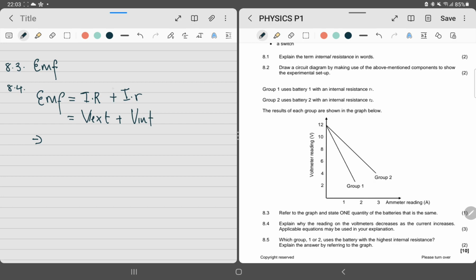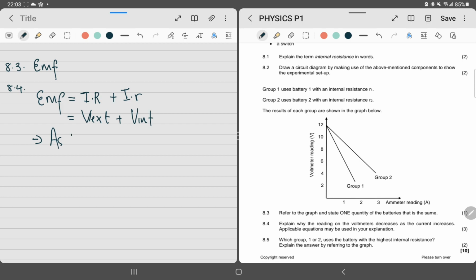Well, we know that the value of the EMF is constant, as well as the internal resistance. So when the current increases, R external should what? Should decrease. That we know.